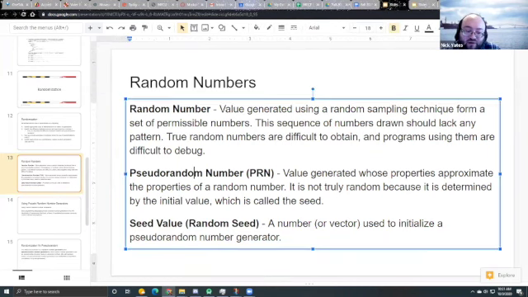So just about every computer program function that's called a random function, or random procedure, or random method of an API that you use is actually pseudo-random. So they're lying to you in the name there.